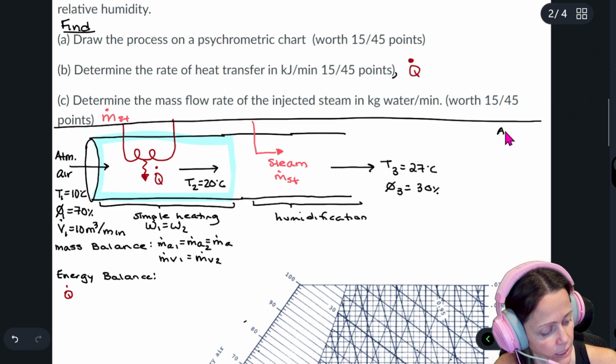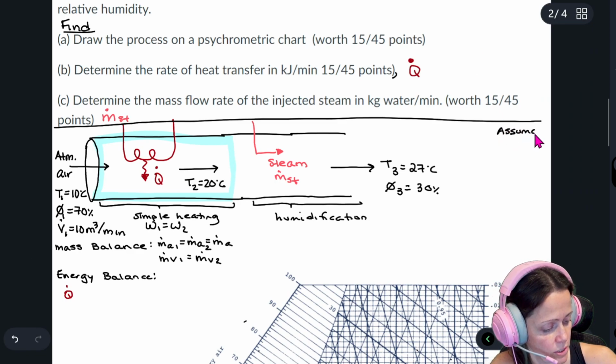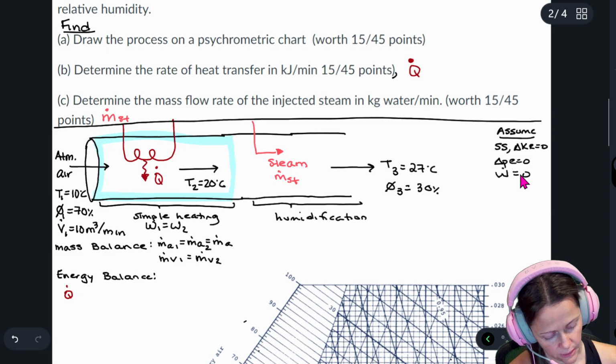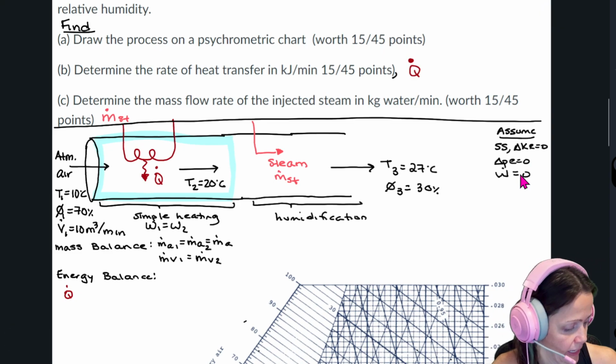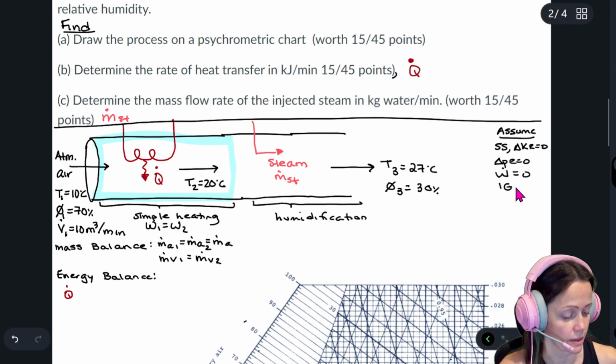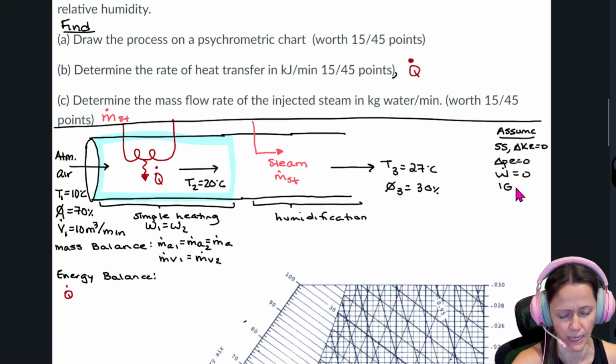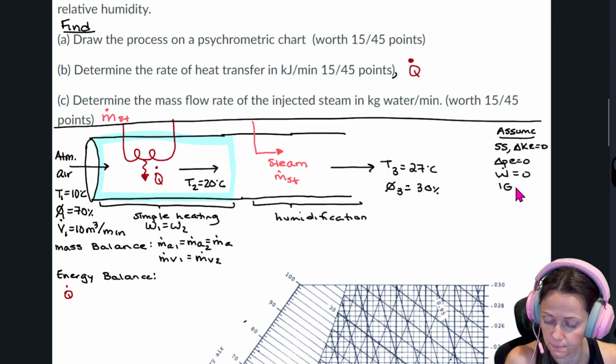I guess I do have to make some assumptions: steady state, changes in kinetic energy are 0, changes in potential energy are 0, W dot equals 0. I guess also we're assuming that the vapor and the air behave as ideal gases. Other than that, that's it.